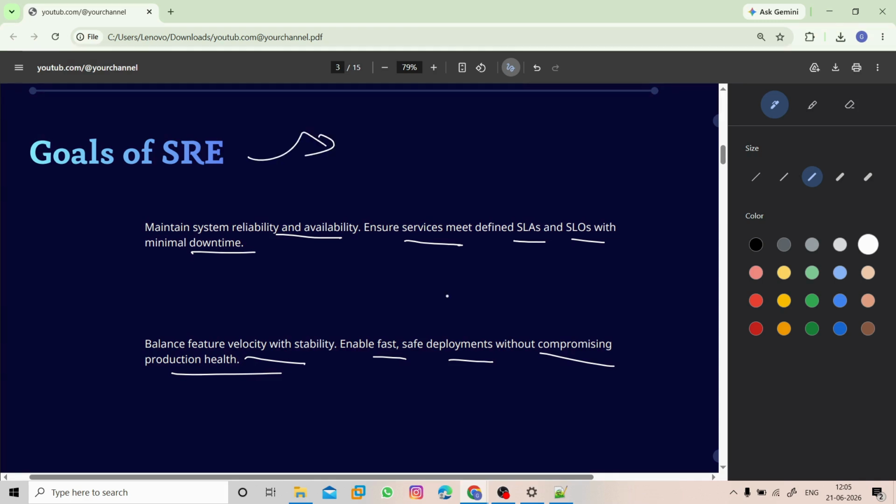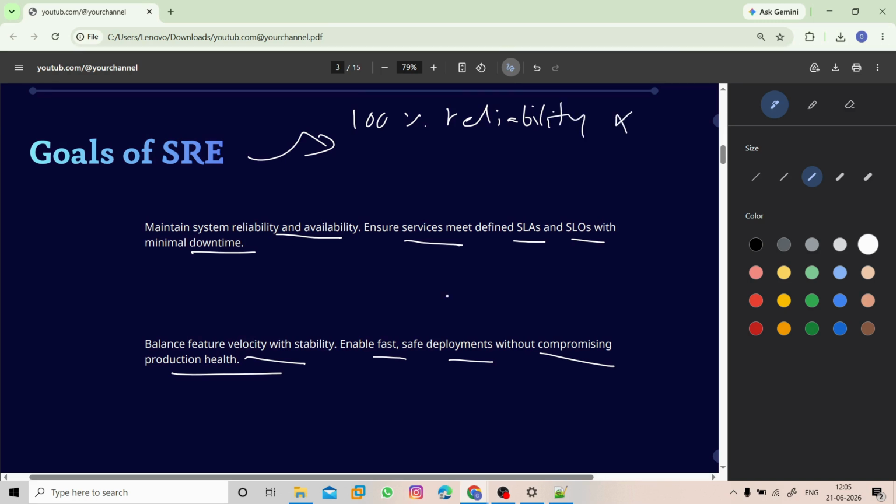An interesting fact: Google itself says 100% reliability is not possible. It's not a goal.